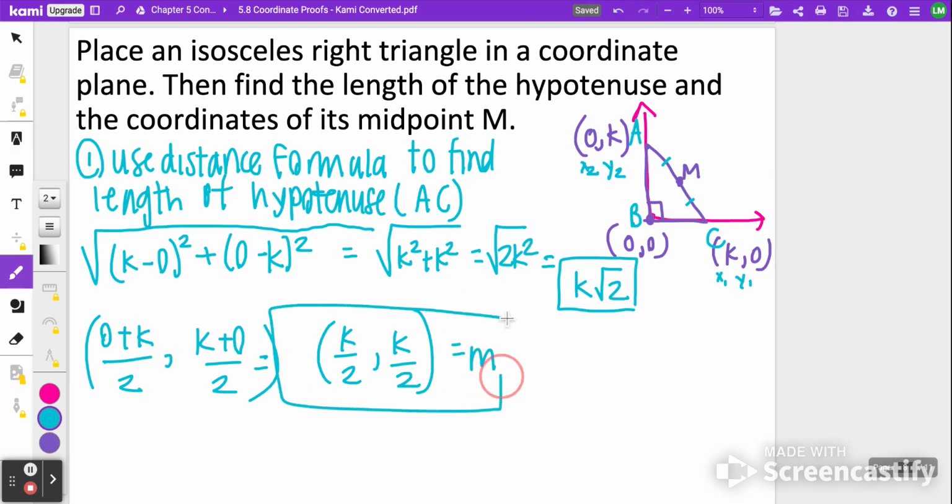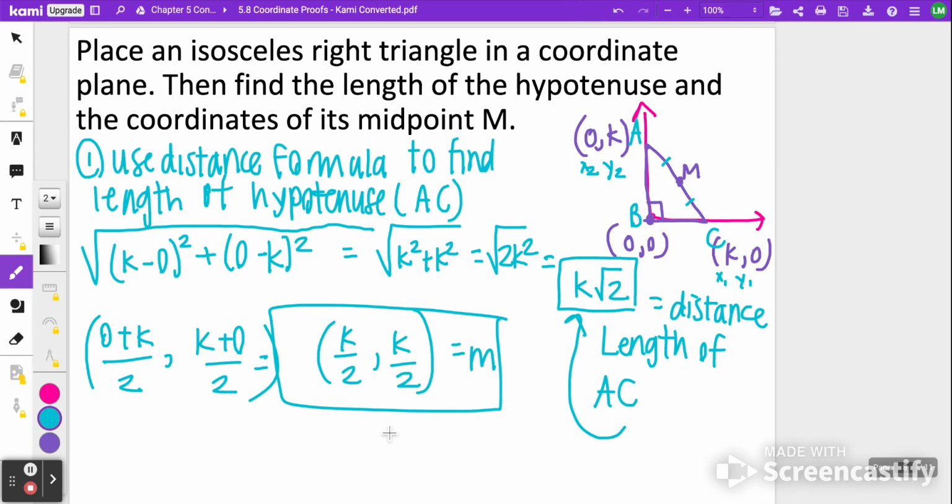So there's your midpoint, and then this is your distance. Okay, so the length of AC can be found by doing k times the square root of 2, and then your midpoint is found by just doing k divided by 2, and that'll give you your midpoint and your hypotenuse a little bit easier.